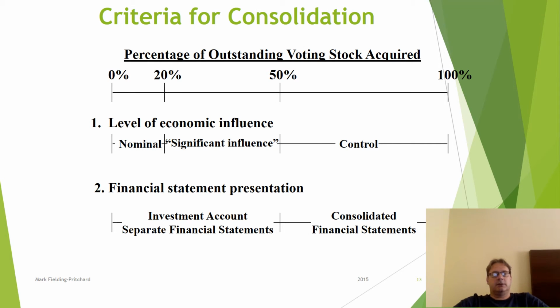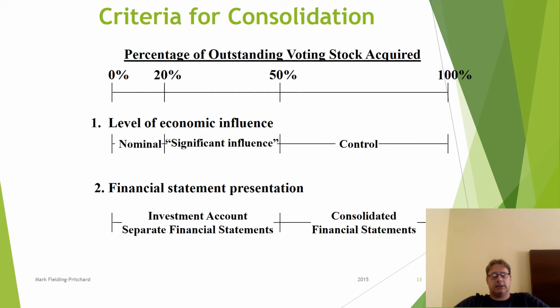Right, once you go over 20%, then we start to talk about significant influence. You'll see where it says level of economic influence, and the second one there in the quotes is significant influence. With significant influence, the standard tells us that we have to treat this as an associate company. You'll be equity accounting for it normally, certainly in paper F7 exams.